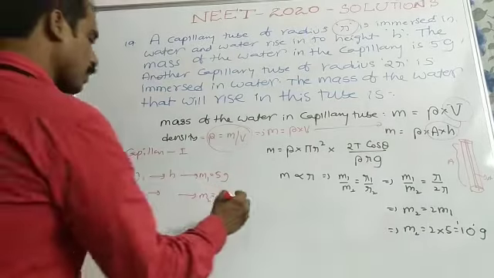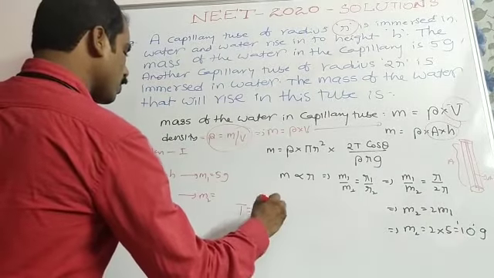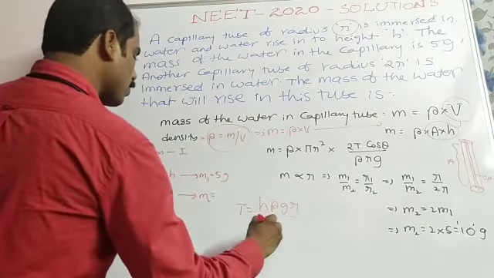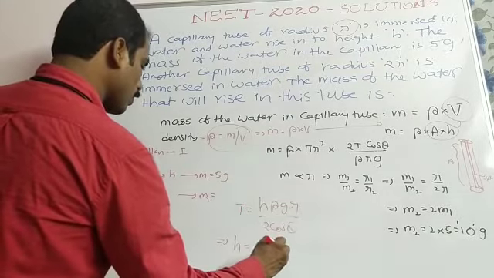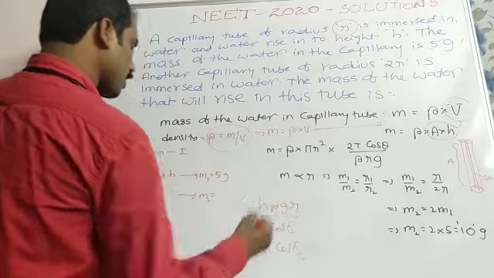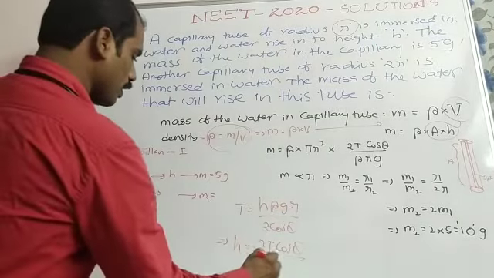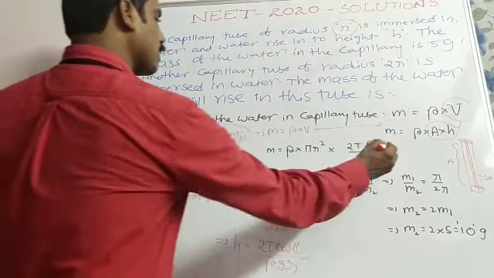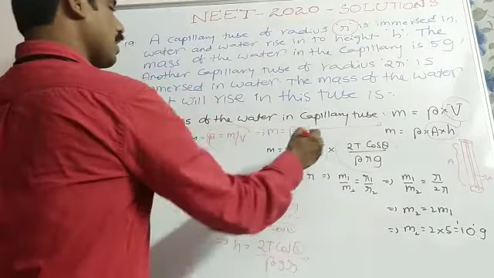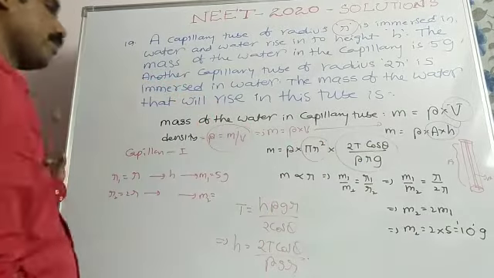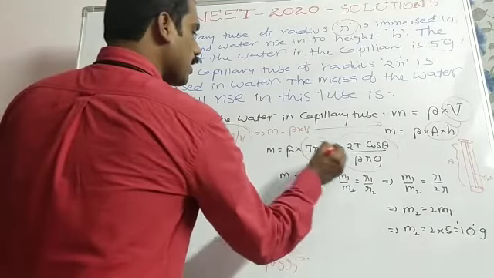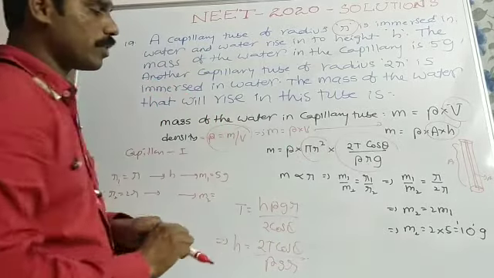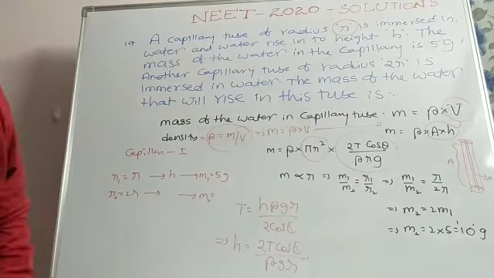We know surface tension T is equal to h rho g r by 2 cos theta. That implies h is equal to 2T cos theta by rho g r. That is substituted here, and area is taken as pi r square. From this expression, r and r get cancelled, and all the remaining physical quantities become constant.